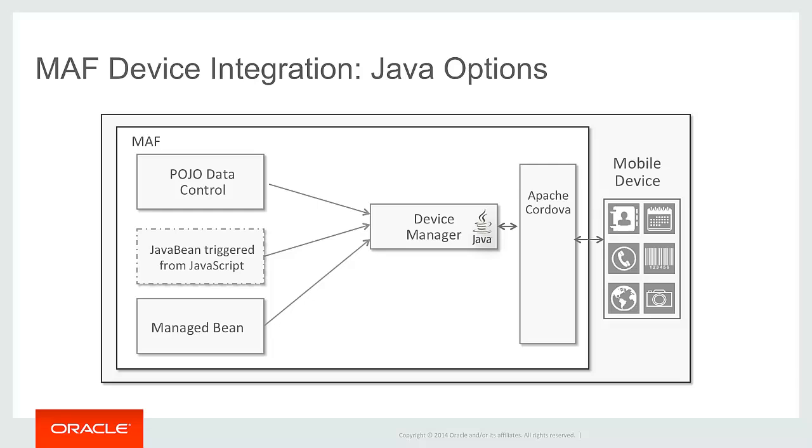However, there might be a use case where from Java you call into JavaScript, and you want to have JavaScript calling back into Java and accessing device properties there. And that is what you can do as well. I'm not going into any further details on how to use that approach, but it's an option. So whenever you have this weird requirement to call out into JavaScript, call back into Java to access a device property, then you can do that as well. MAF is very flexible on this end.